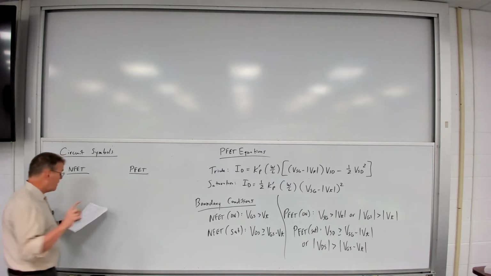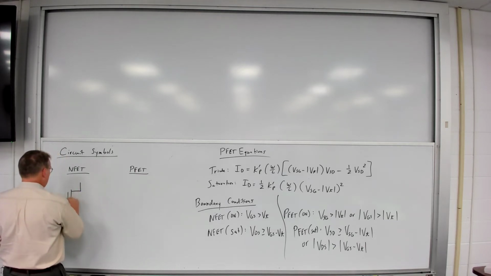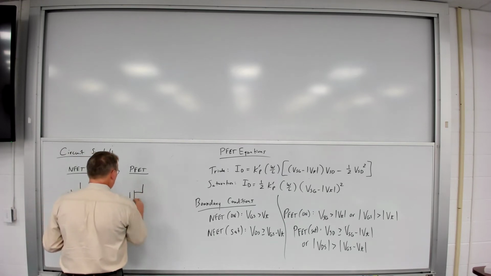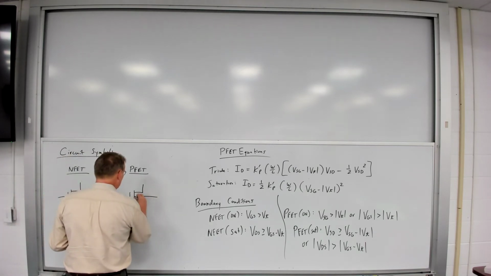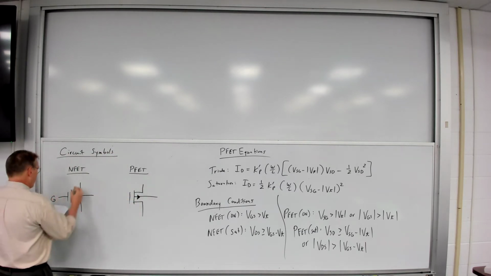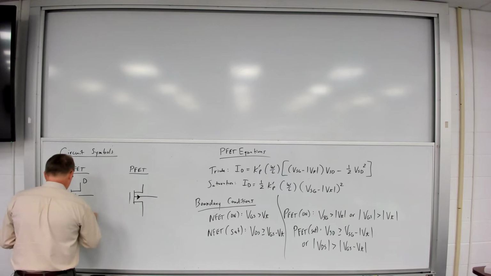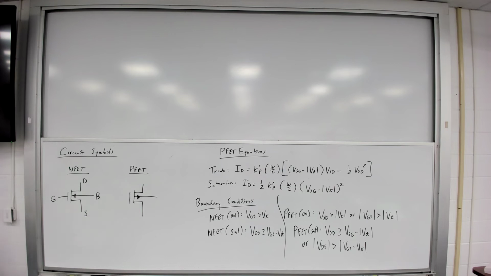Actually, well, first let me cover the four-terminal device. Let me do that first, since that's what we've already looked at. So for an NFET, I'm drawing this as a four-terminal device: drain, source, gate, and the bulk.